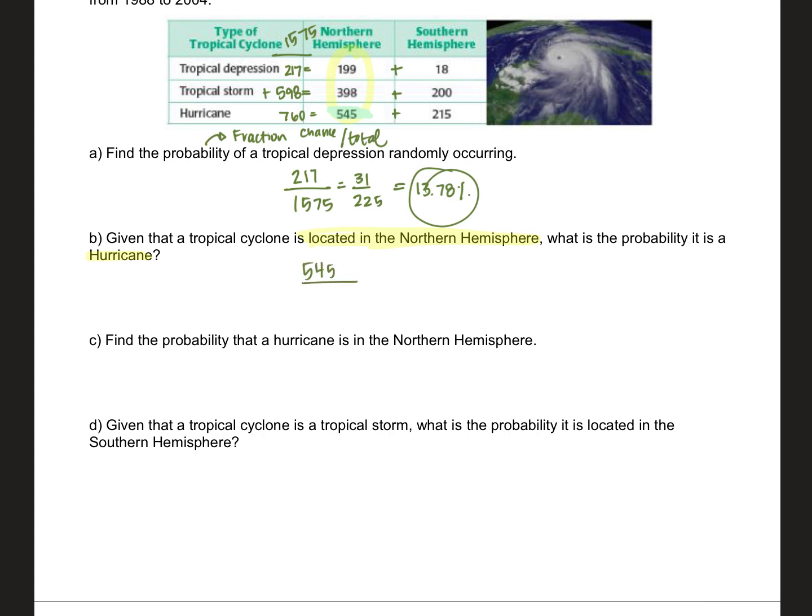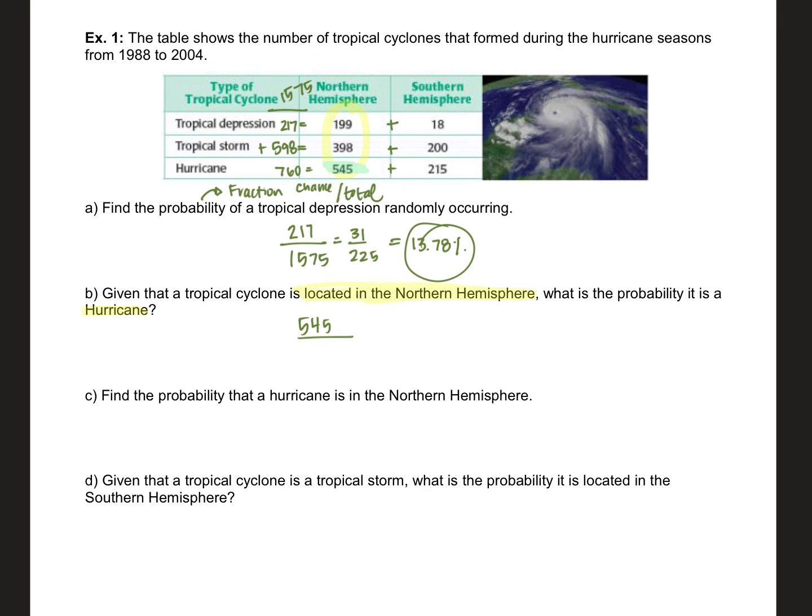Then total. Again, I'm only focused on the northern hemisphere. So what is the total number of cyclones that occurred in just the northern hemisphere? We could quickly add those together: 545 plus 398 plus 199 gives us a total of 1,142 storms in just the northern hemisphere.